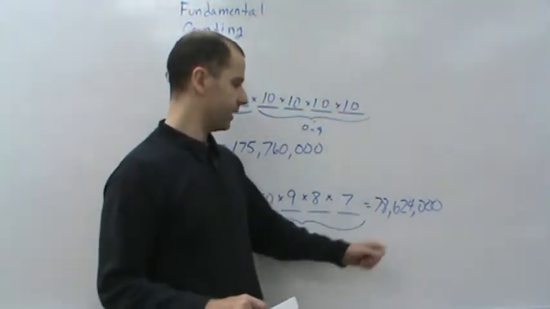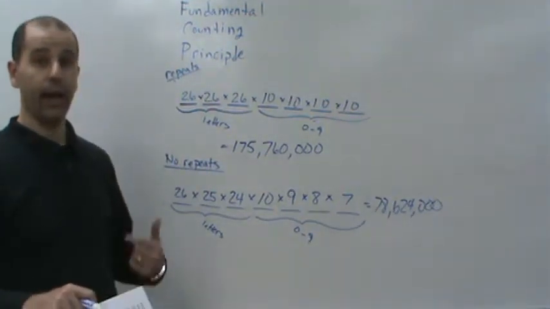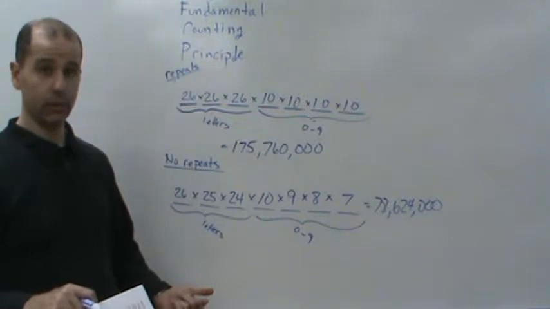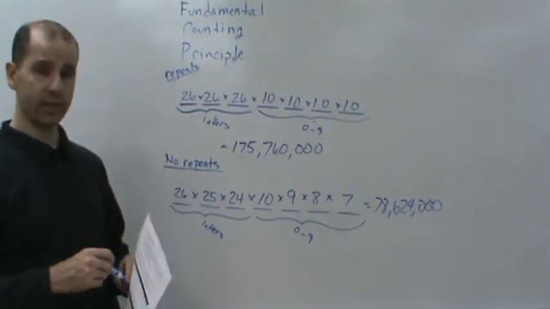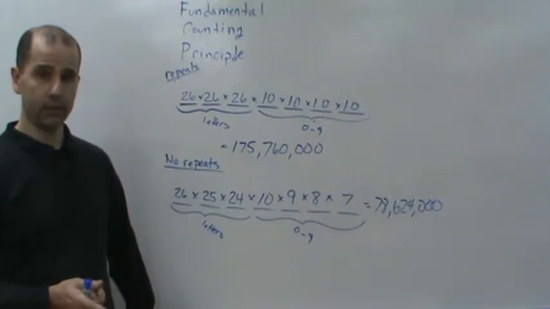That's the total number of license plates that I can have that don't have repeats. Now the question I could ask is, what's the probability that if I randomly select one license plate, that license plate has no repeats?